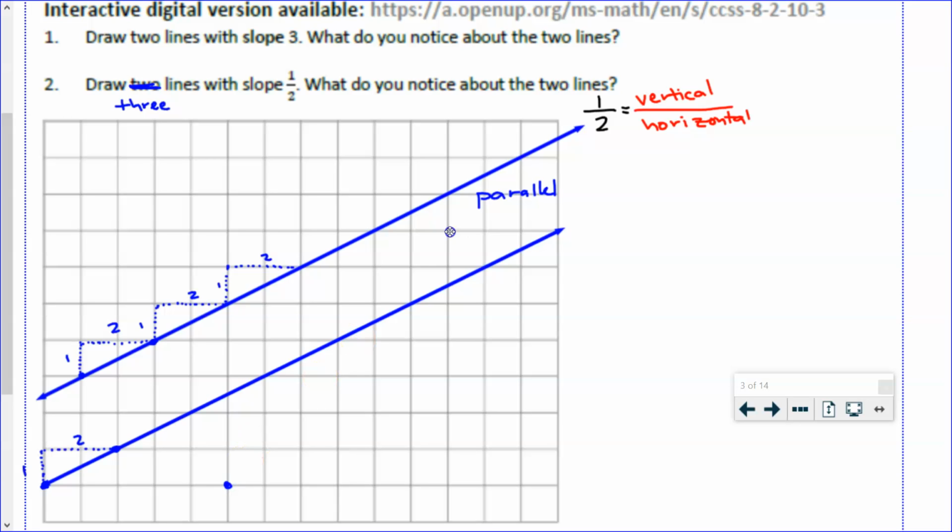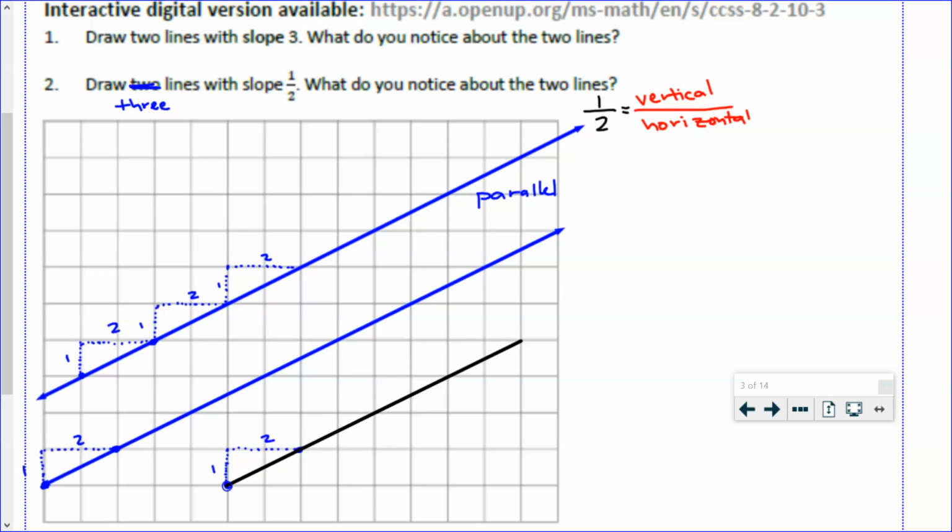And again, the vertical change is 1, so that means I'm going to be going up 1. The horizontal change is 2, so that means I'm going to be going over to the right 2. There's my second point. And as I'm drawing the line that connects these points and extending it, I want to make sure that I'm being precise. And I can see I need to go, again, up 1 over 2, up 1 over 2, up 1 over 2.